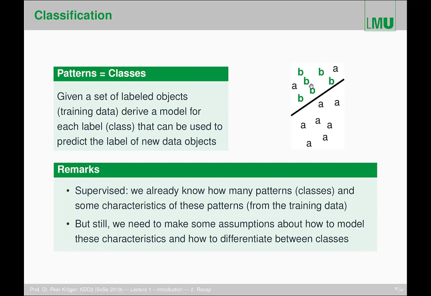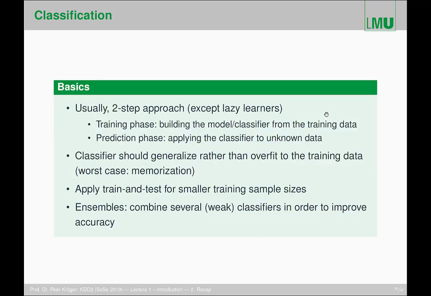Everything which is up there is a B, everything which is down there is an A. In this model we have the assumption that the decision boundary is linear, but that of course need not be the case, especially if we have more than two classes. The different models have different assumptions about the decision boundary, how to differentiate between the corresponding classes. And that's again why there are so many different models out there. We will see next what is out there.